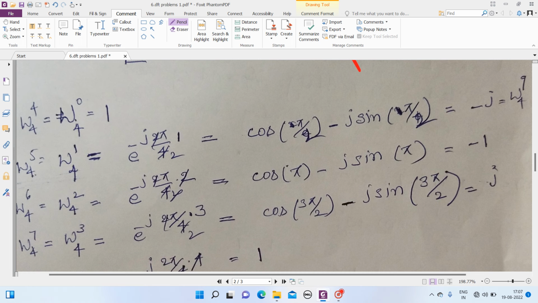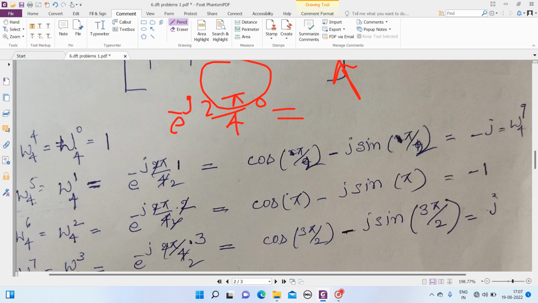See, we know that W subscript 4 to the power of 0 is equal to 1, right? So what is the equation to calculate the twiddle factor? E to the power of minus j 2 pi divided by 4, times kn. Here kn is 0, right? So e to the power of minus j theta, we can take this one as theta.